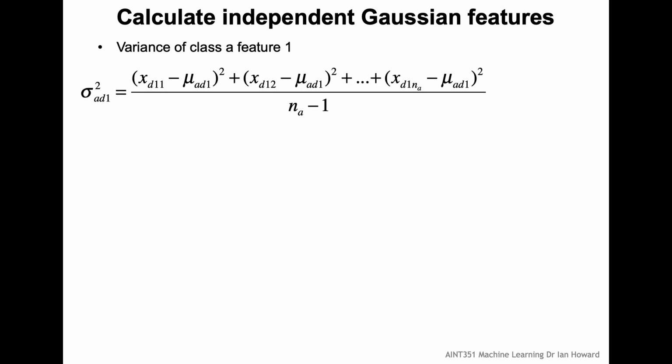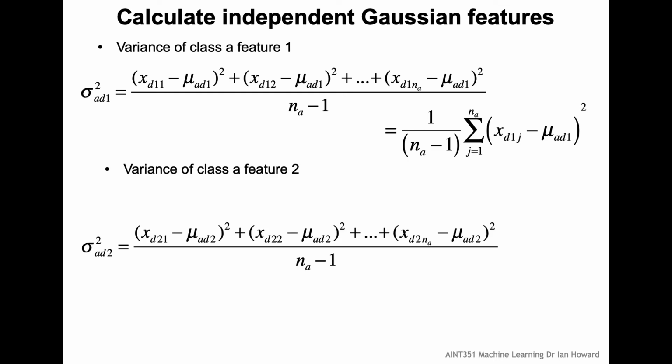And then we have to calculate the variance of class A feature 1. So we just look at that one-dimensional value again and we calculate the variance. So it's going to be basically the data value for feature 1, take away its mean, squared, plus, and so on across all the samples we get there, divided by the number of samples minus 1, because we want an unbiased estimator.